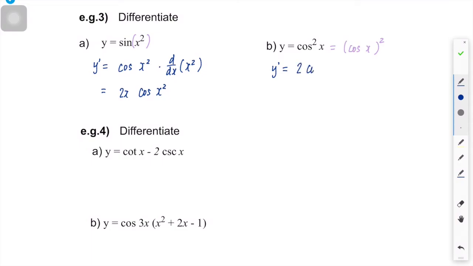So I have 2 cos x to the power of 1, then multiply by the derivative of cosine x. We know that the derivative of cos x is negative sine x. So the whole thing becomes negative 2 cos x sine x. Or you may want to simplify this into negative sine 2x using identities.